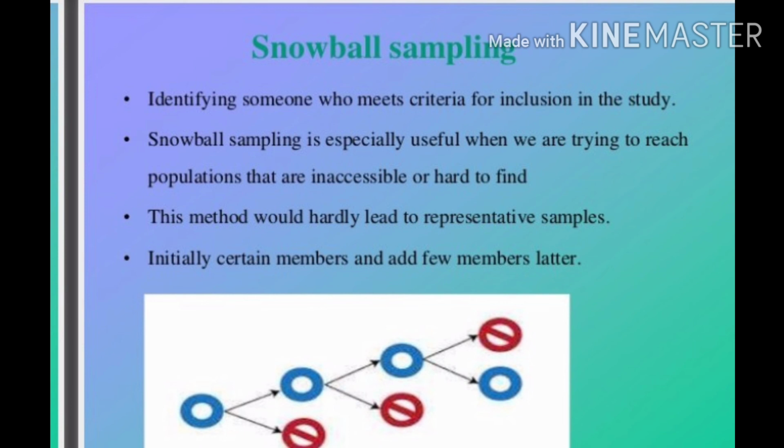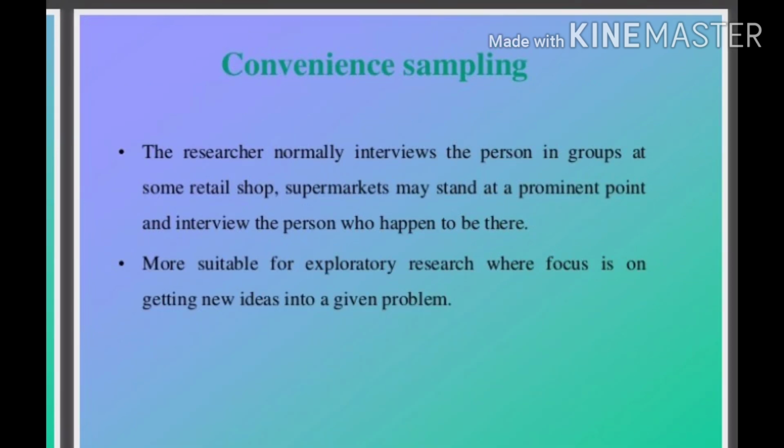This is about snowball sampling. Convenience sampling: the researcher normally interviews people at some retail shop or supermarket, may stand at a prominent point and interview the person who happens to be there. It is more suitable for exploratory research where the focus is on getting new ideas about the given problem.